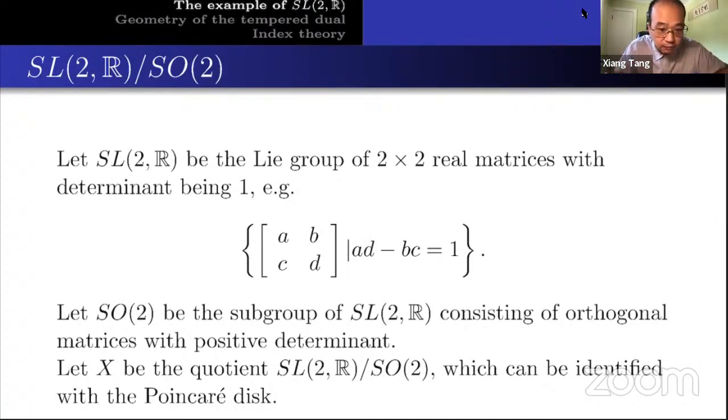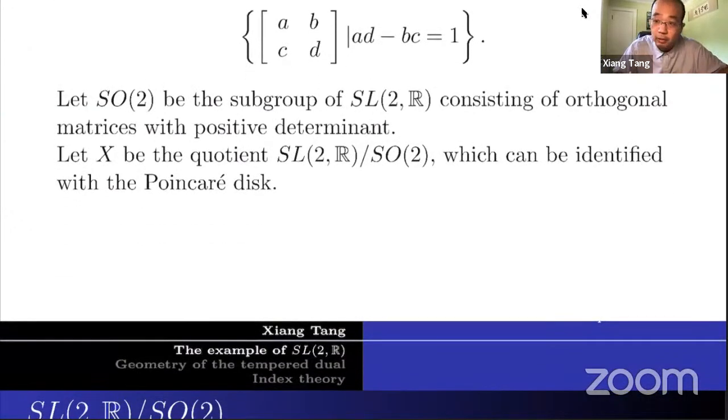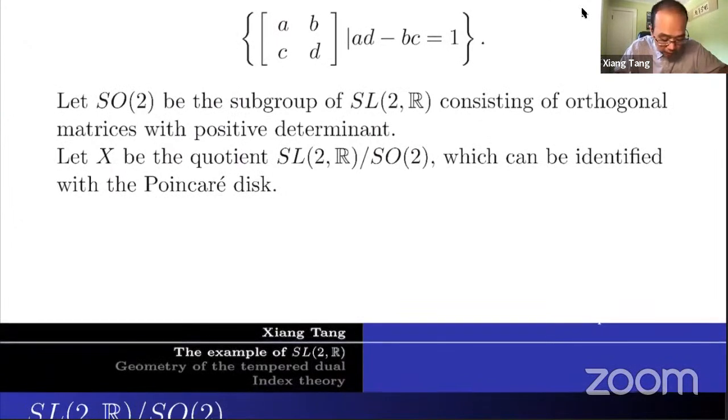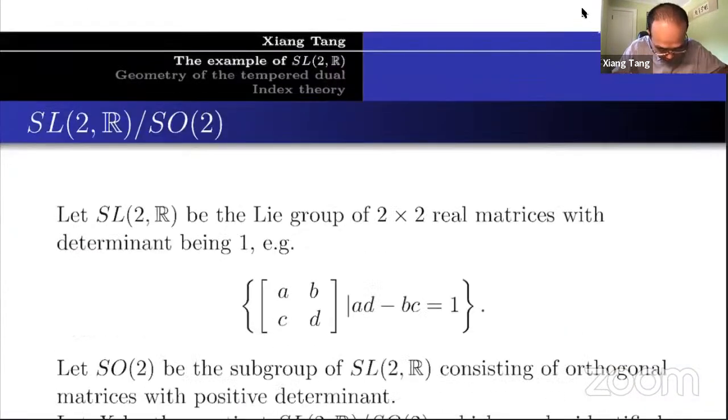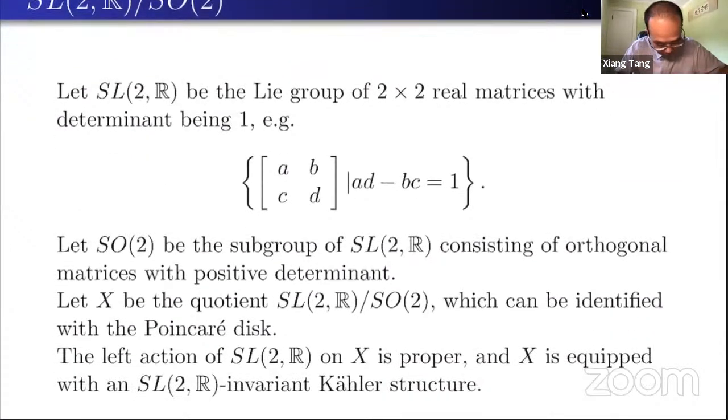We can identify the quotient with the natural metric, that's the Poincare disk. And since it's a Poincare disk, it's a one-dimensional complex manifold, so we have a natural Kähler structure.